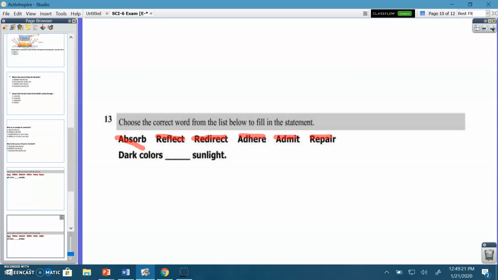Number 13. Choose the correct words from the list below to fill in the statement. Dark colors blank sunlight. Is it absorb, reflect, redirect, adhere, admit, or repair?